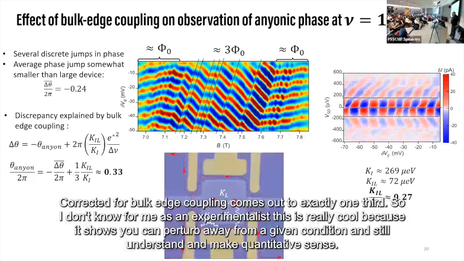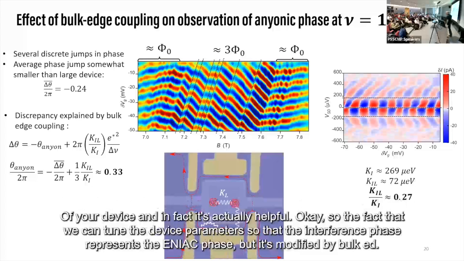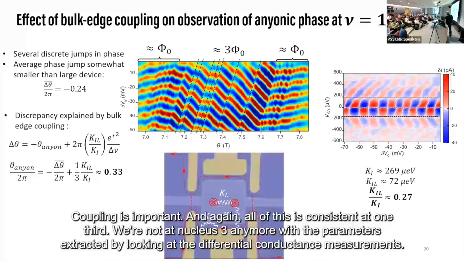So I don't know, for me as an experimentalist, this is really cool because it shows you can perturb away from a given condition and still understand and make quantitative sense of your device. And in fact, it's actually helpful. Okay, so the fact that we can tune the device parameters so that the interference phase represents the anyonic phase, but it's modified by bulk edge coupling, is important. And again, all of this is consistent at 1/3. We're not at nu equals 1/3 anymore with the parameters extracted by looking at the differential conductance measurements.